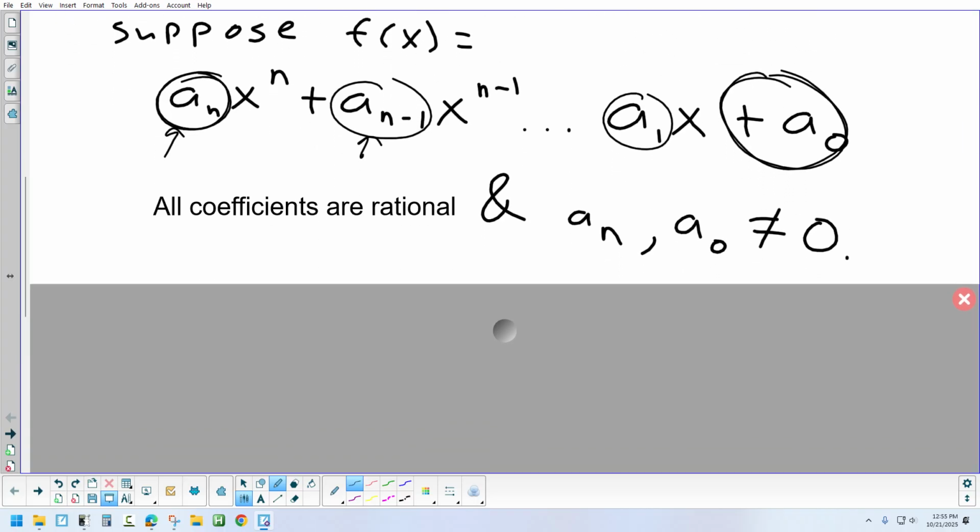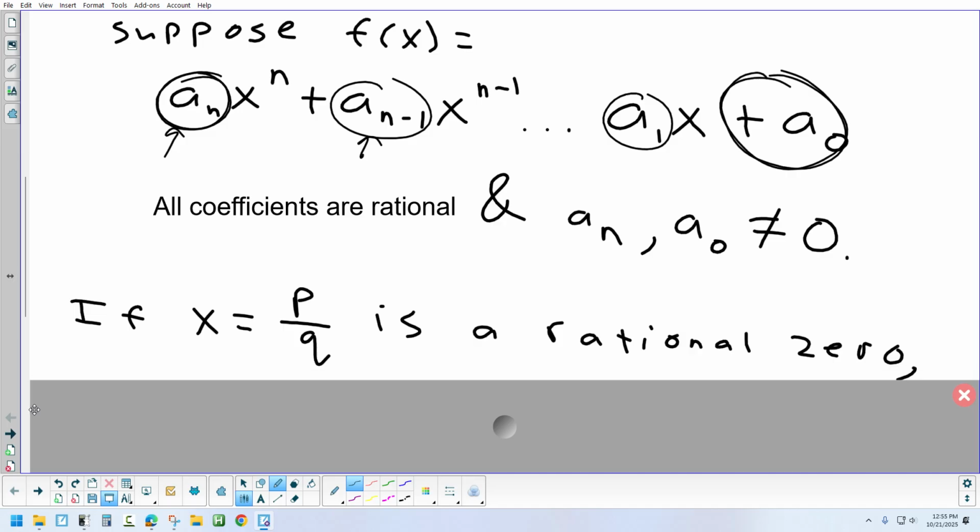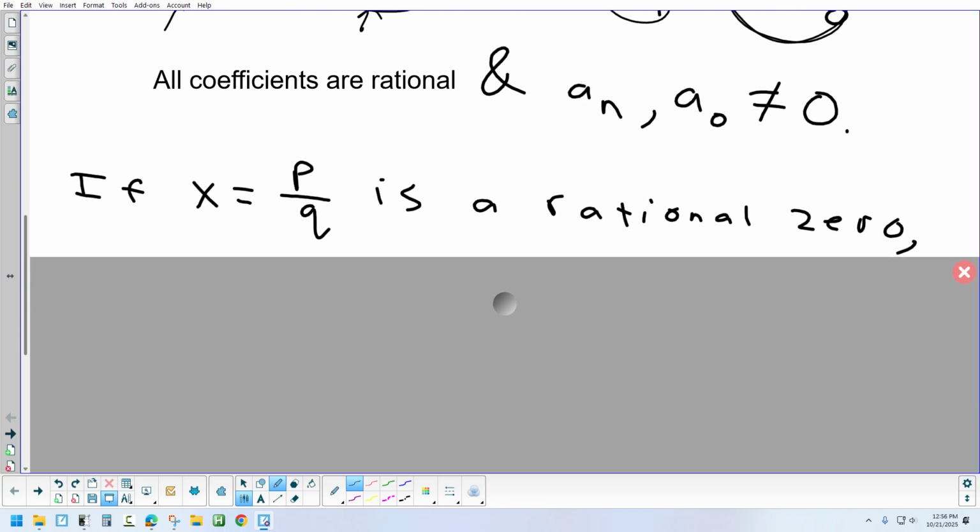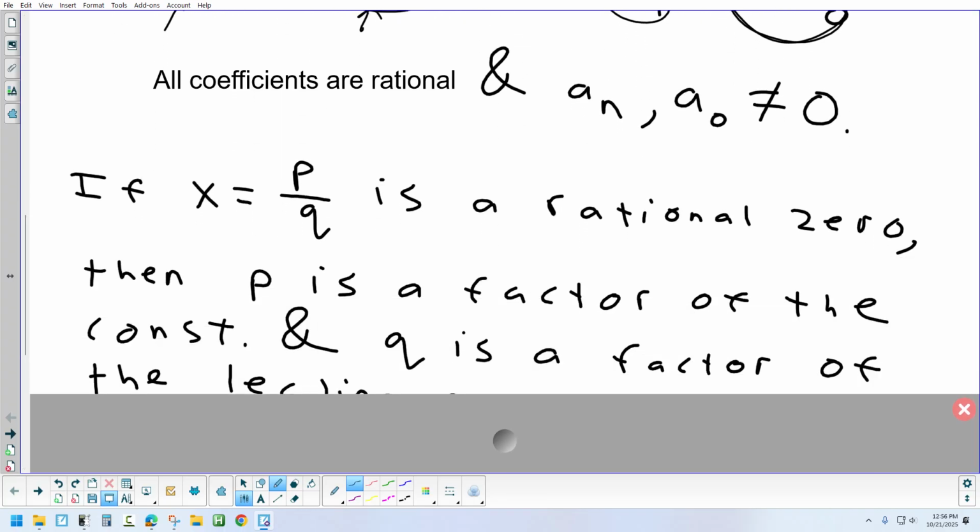Okay, so if a number can be written as a fraction, it has a numerator and it has a denominator. In the fractions that I'm about to write, I'm going to call the numerator p, and I'm going to call the denominator q. If you have a graph that is going to cross the x-axis at a number that can be written as a fraction, then the numerator will have to be a factor of the constant.